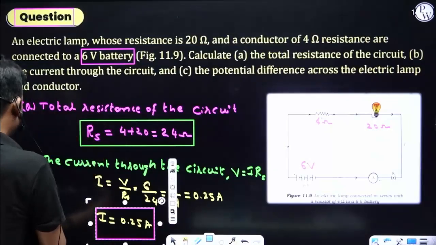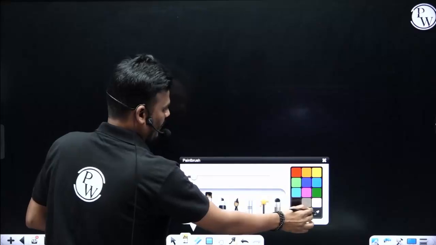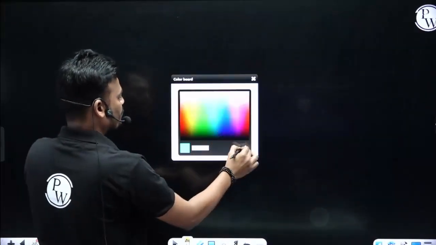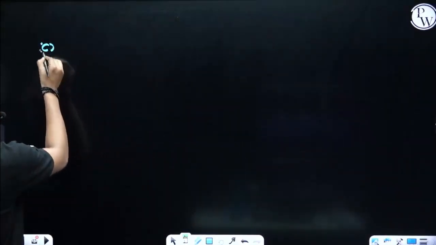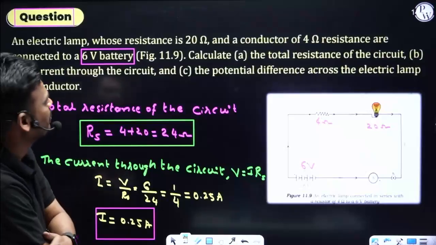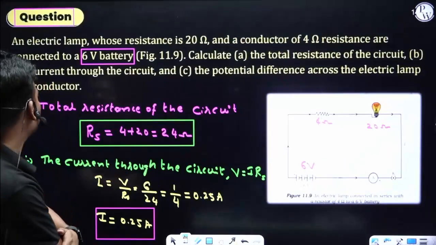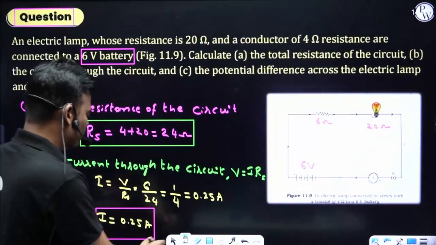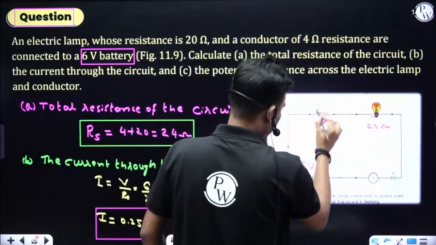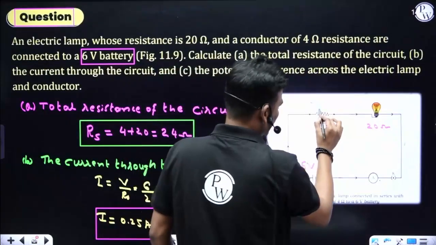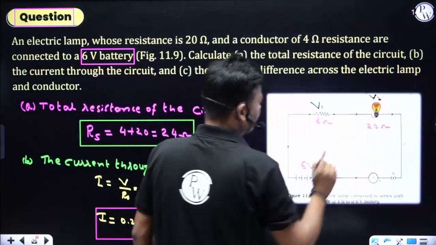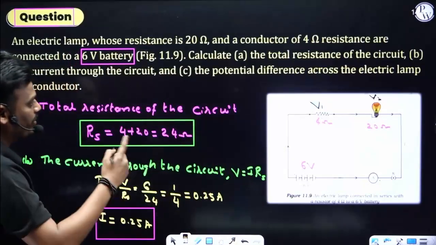Now the next question, C: the potential difference across the electric lamp and conductor. So they are talking about V1 and V2. V1 across the conductor, V2 across the lamp.